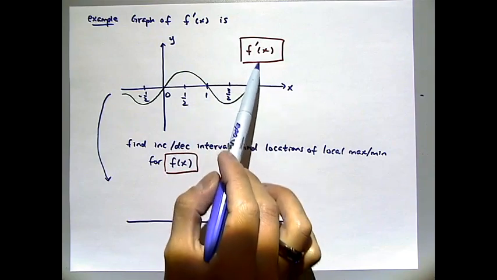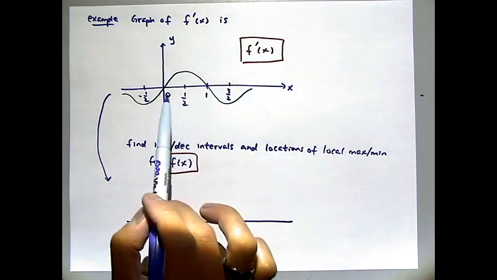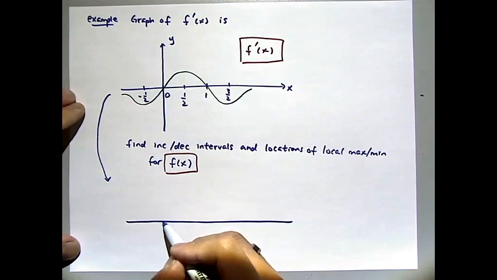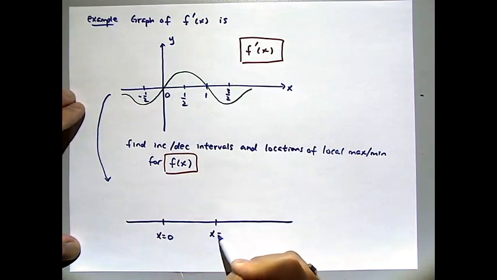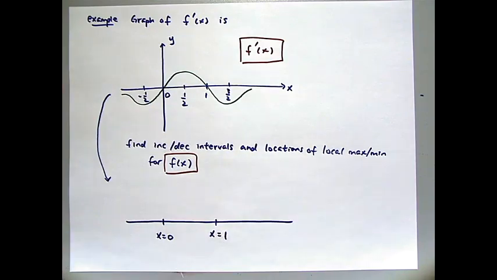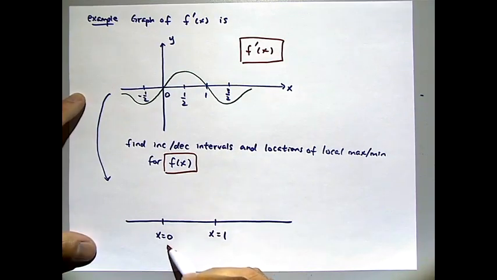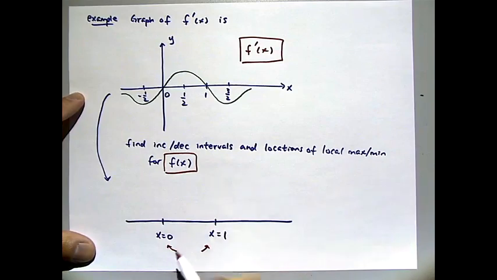First, find out where f prime is 0. F prime is 0 at 0 and 1. We keep running into those numbers. These are our critical numbers where f prime is equal to 0.